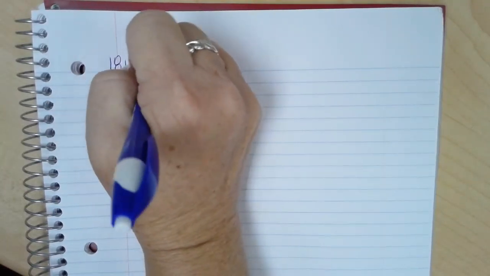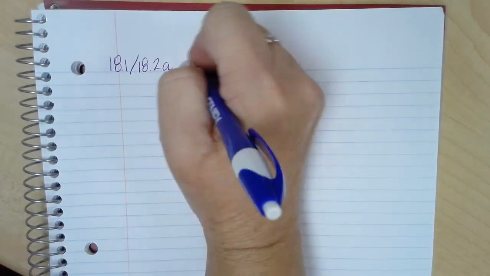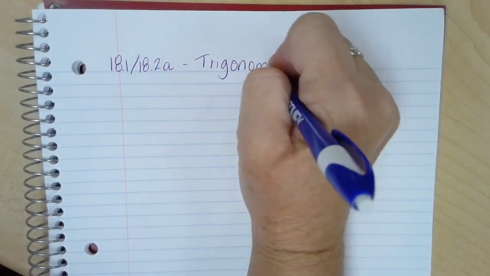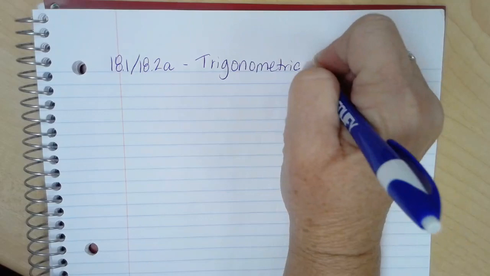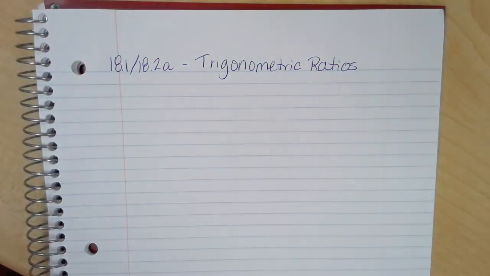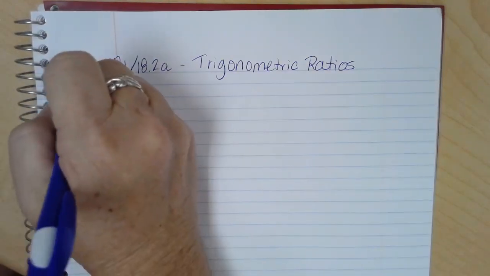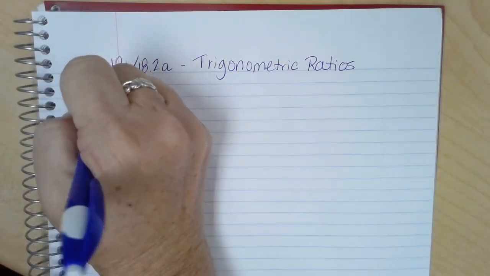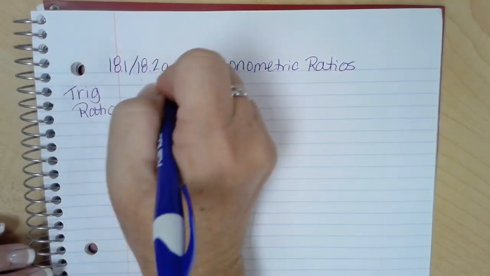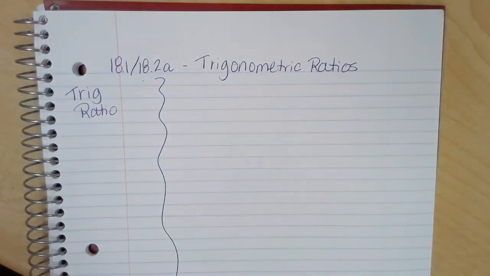So we're going to be talking about section 18.1 and 18.2a, which are dealing with trigonometric ratios. So the very first thing we're going to do is define what a trig ratio is.